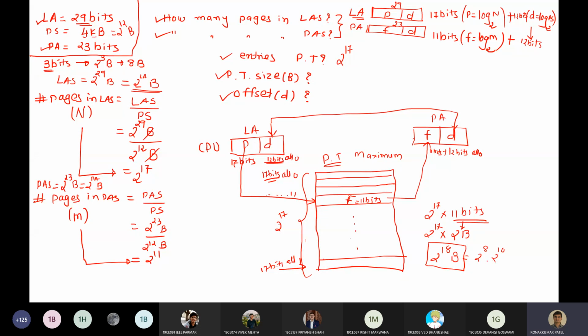Into 2 raised to 10 byte, this is 256 KB, 256 KB, right?